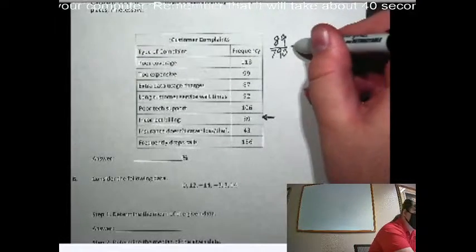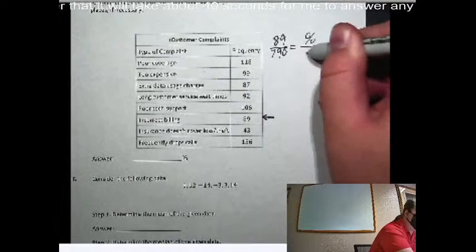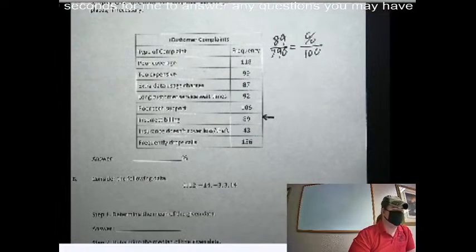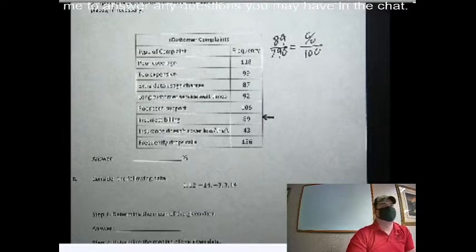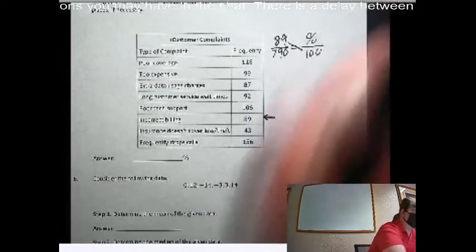So this should be equivalent to some percent out of 100. But we've got to convert it to that percent. The easiest way to deal with a proportion is to cross multiply. So multiply the numbers that are across from each other. That'll give us 8,900.